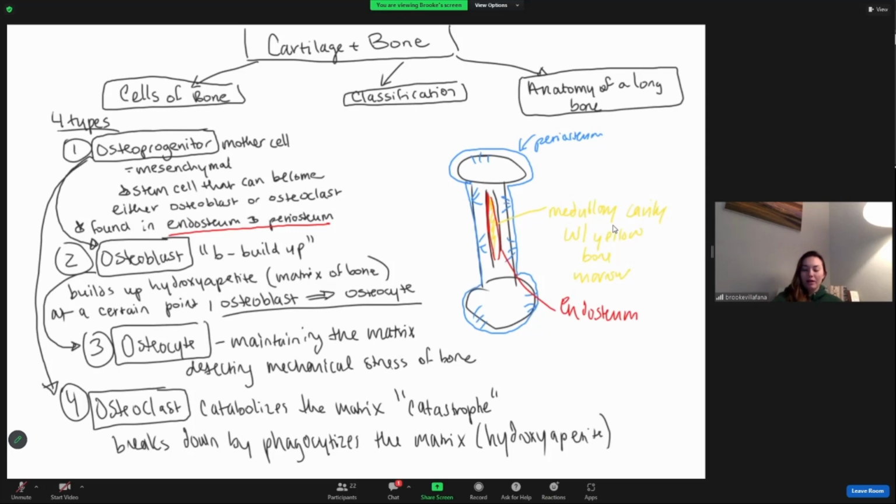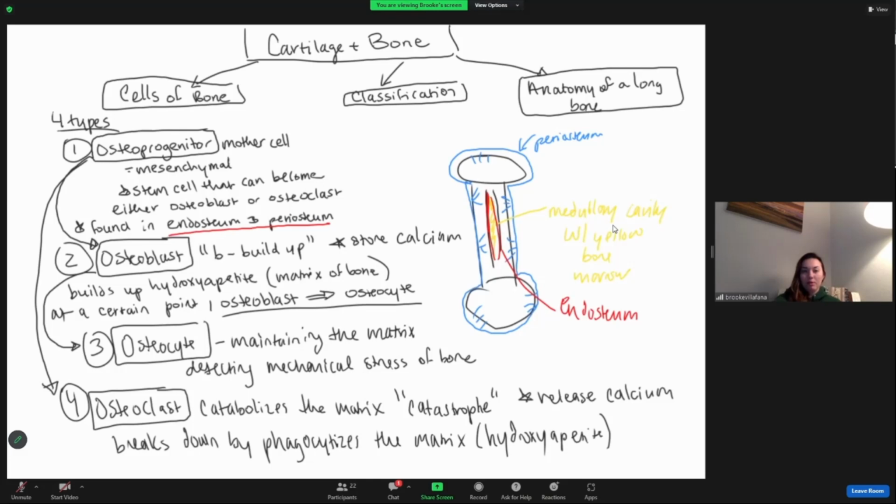The reason it does this is to release calcium. And for osteoblast, it's to store calcium. That's the main reason we build it up, and the main reason we break it down is to release calcium. You know how they say drink milk to make your bones strong. That's because it has calcium, and calcium is what your bones are mainly composed of.